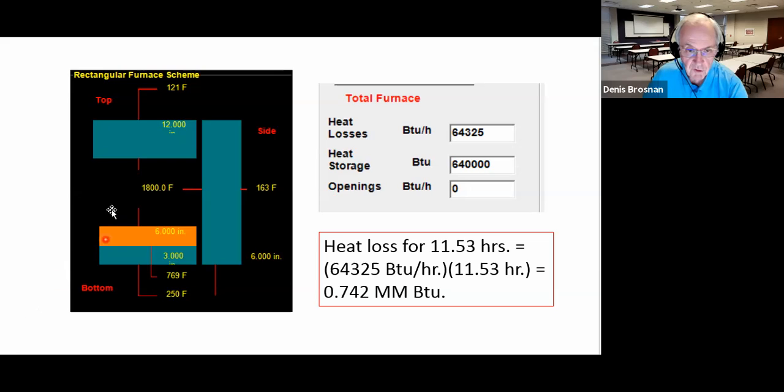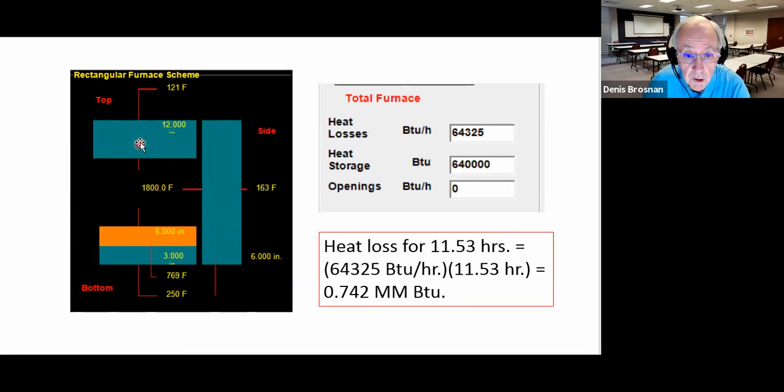And so you can see our furnace lining here, the two component hard castable over insulating fire brick hearth in the furnace. So you're going to see the dimensions here. 12 inches of ceramic fiber, 6 inches of ceramic fiber in the sidewall. There's the 6 inches of castable here, 3 inches of insulating fire brick.